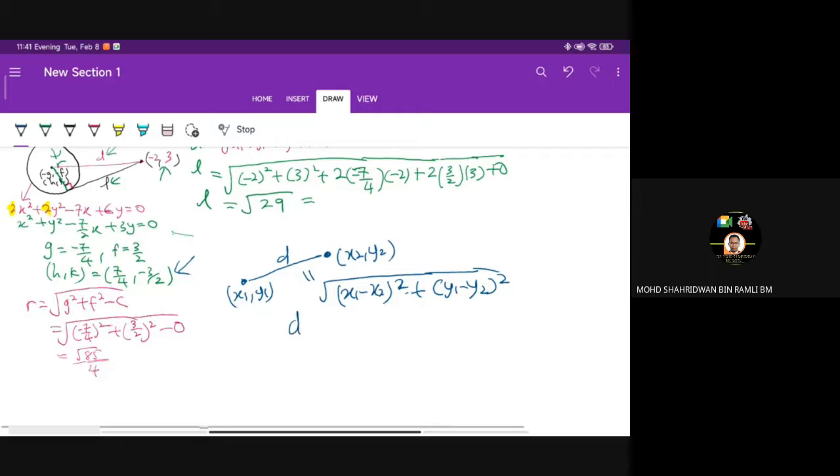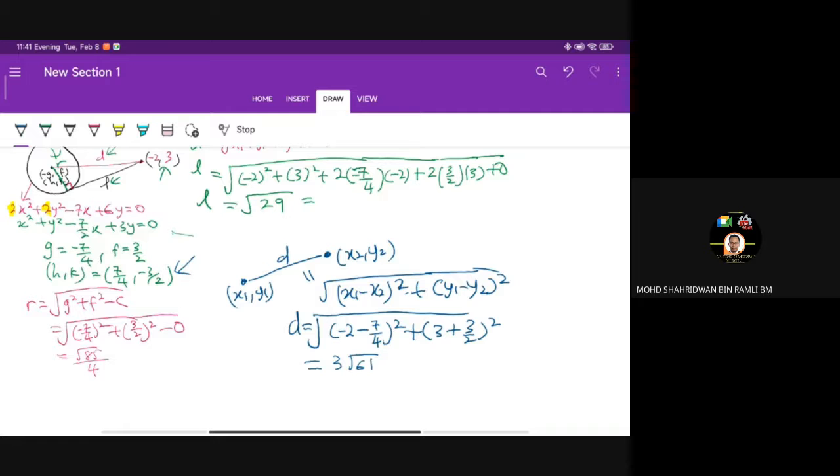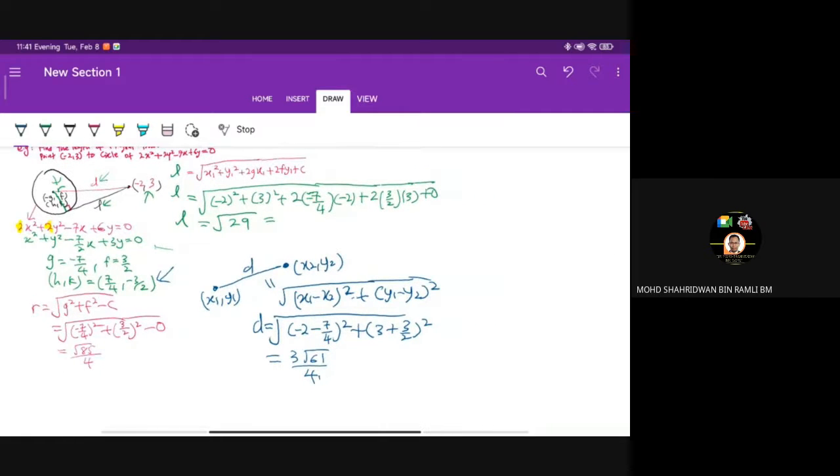When we substitute, our x1 is negative 2 minus our h which is 7 over 4, squared, plus our y1 which is 3 minus our f here, negative 3 over 2, so it will be plus 3 over 2, squared. And you have your distance here equal to square root of 361 over 4, or in decimal places.